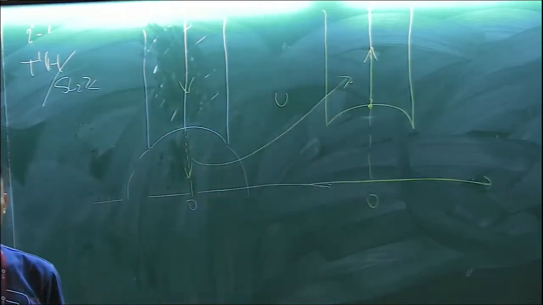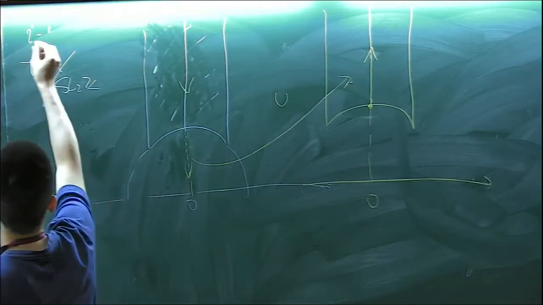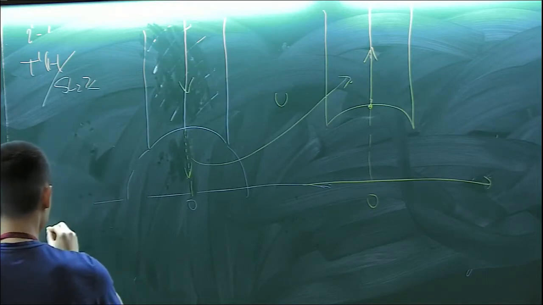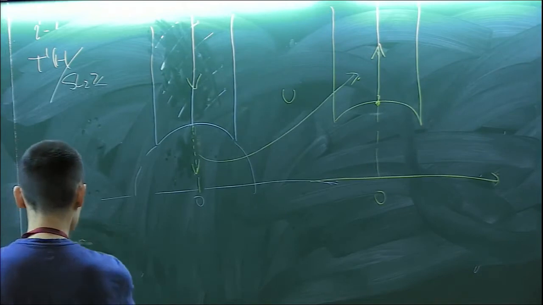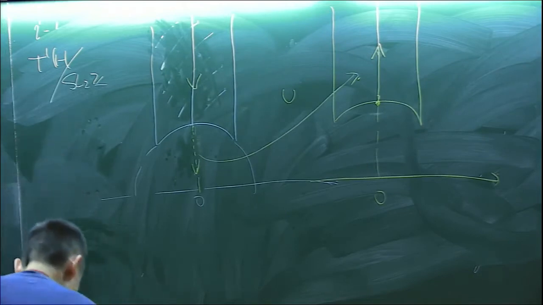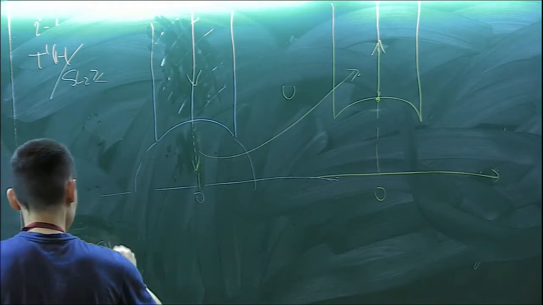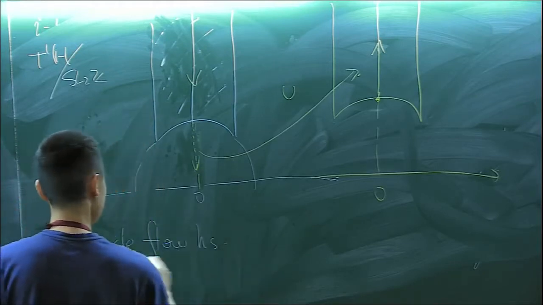So now my dynamics will be something called horizontal flow, right? So this is here. Horizontal flow, H_s.